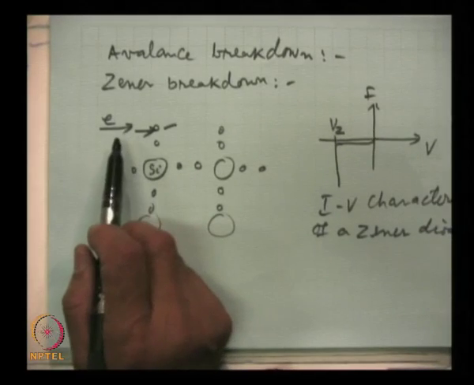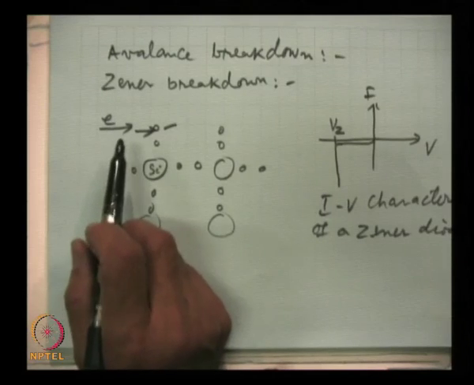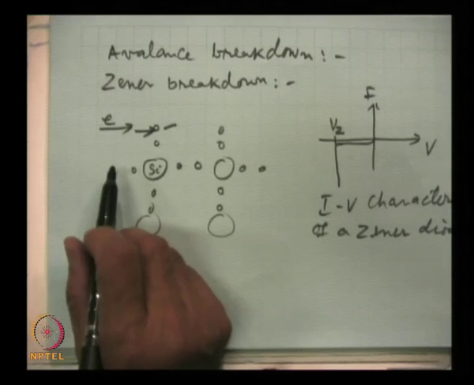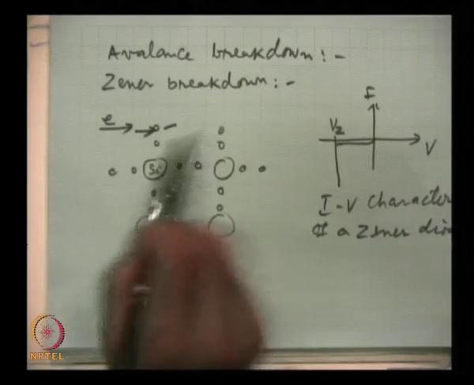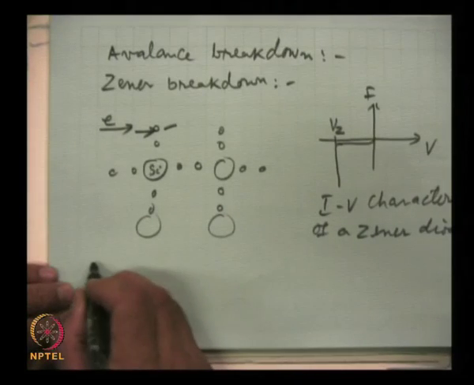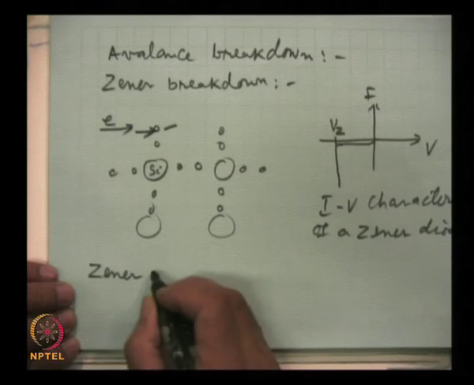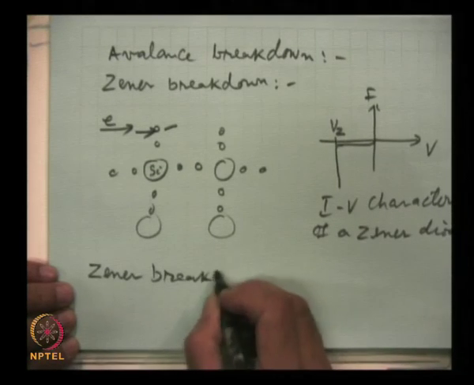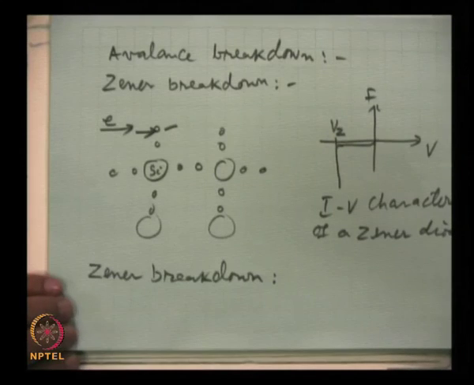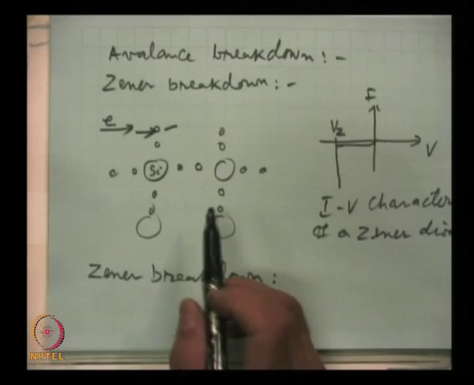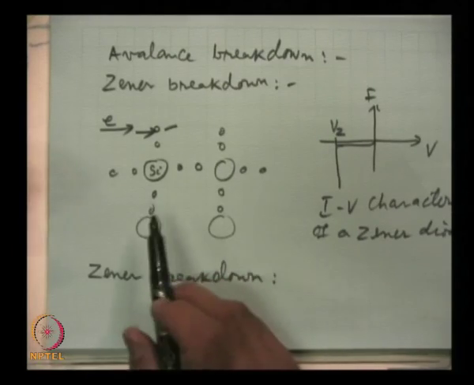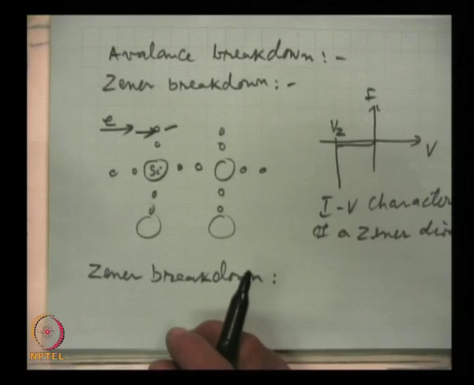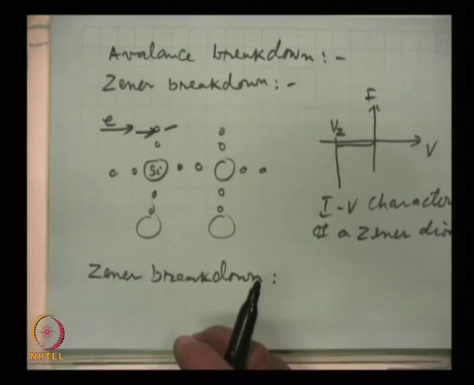This was the avalanche process, which occurs when the thermally generated charge carriers acquire very high energies from the field and they knock out the electrons. In the Zener process, Zener breakdown, there is no impact, there is no collision, but the field is so high in the depletion region that electrons are ruptured, they are pulled by the field itself.